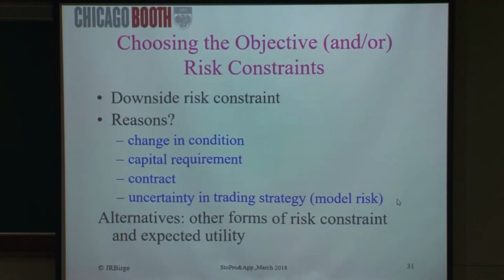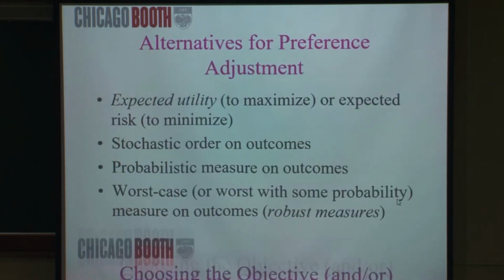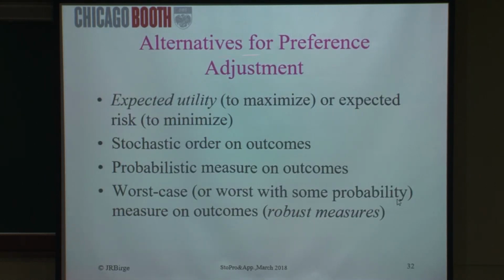Okay, so having a downside risk constraint like that maybe was not the best choice. There are other things that you can do. One is to put it into your utility function, put it into your objective. So have expected utility that includes risk in your objective.